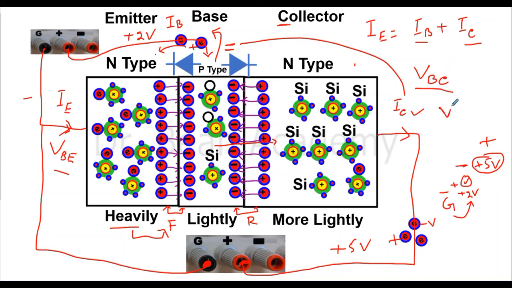So we will call that voltage VCE, meaning the voltage across collector and emitter, because this is also an important quantity we want to see. So if I want to represent these voltages and currents, we will use these variables.